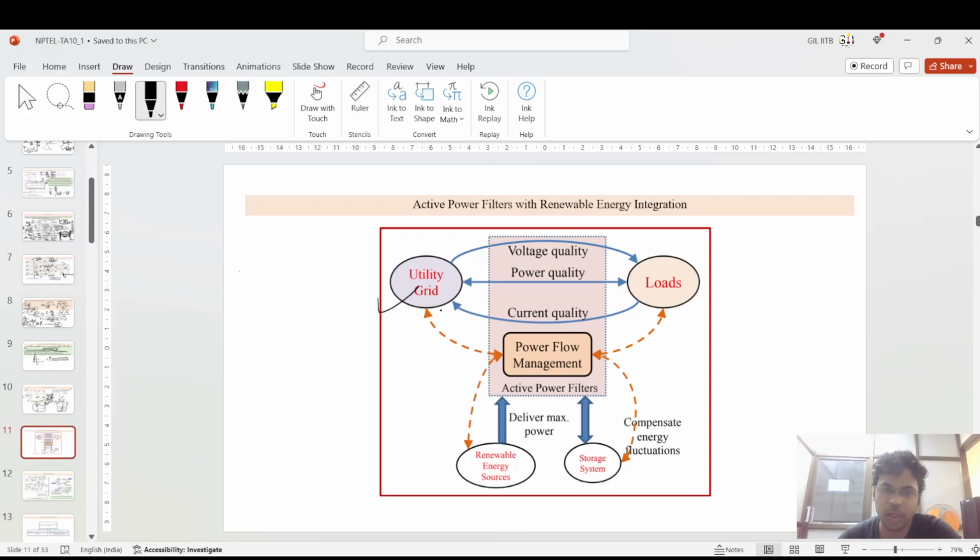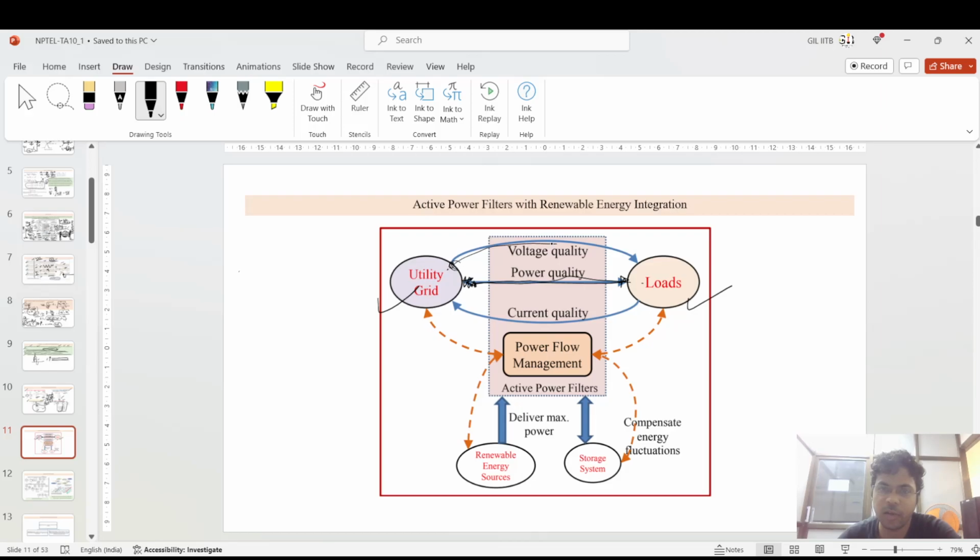So this is the actual situation which happens: if you have a utility grid and a load, the utility grid can create power quality issues in the loads, and the load can also create power quality issues in the utility grid.